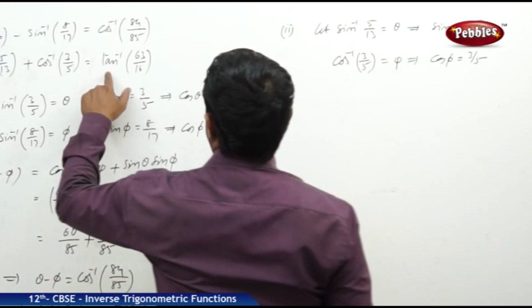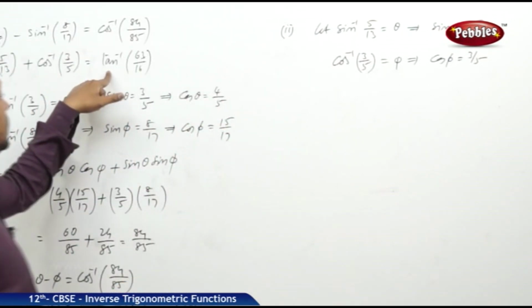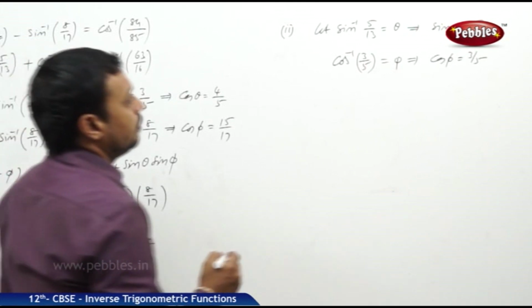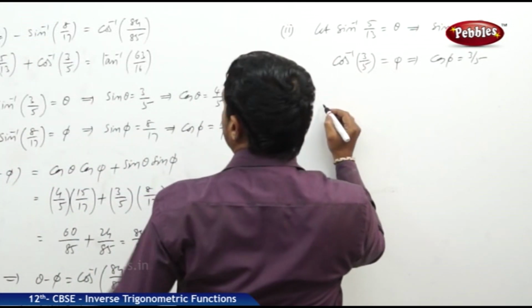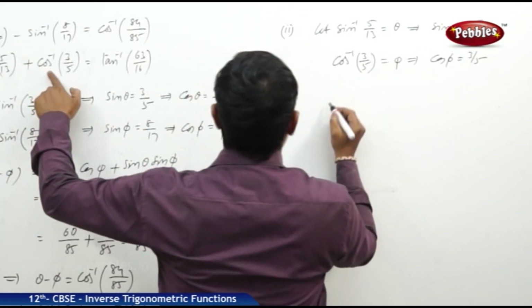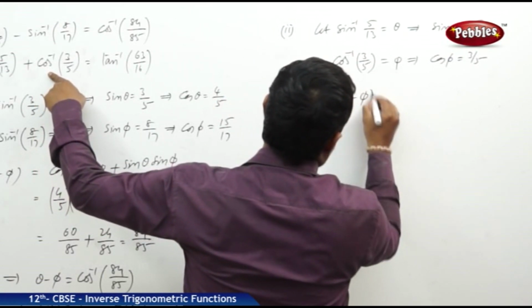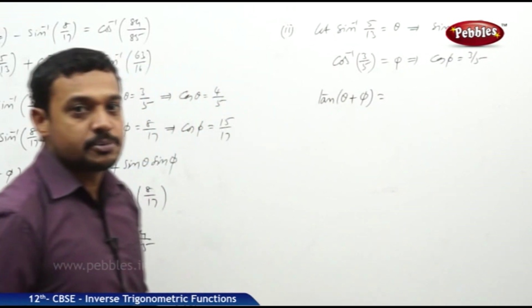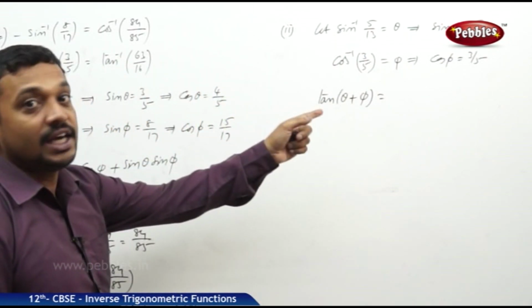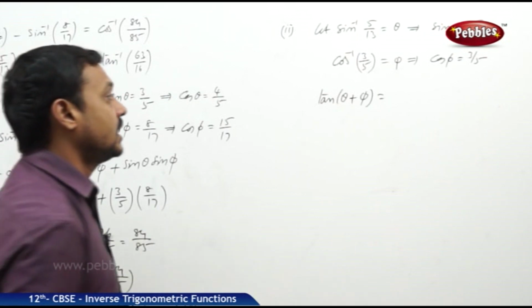Now since the right side is in terms of tan, better consider tan of theta plus phi, tan of a plus b form. Tan a plus b is equal to tan a plus tan b by 1 minus tan a tan b.